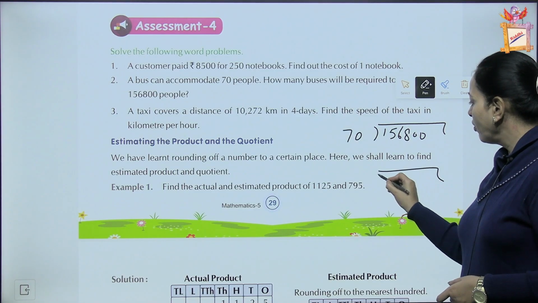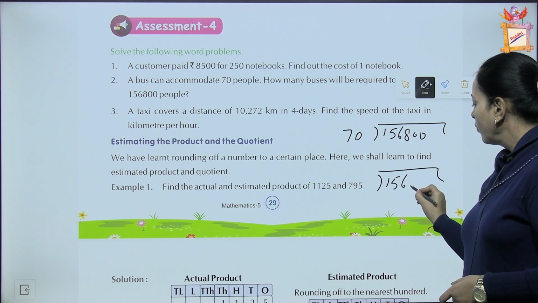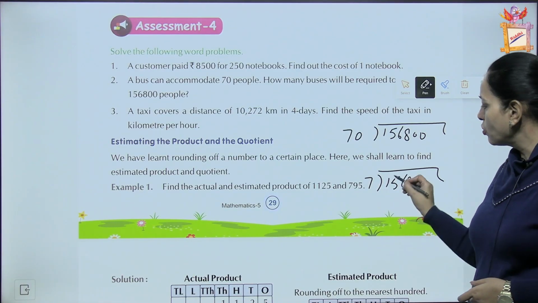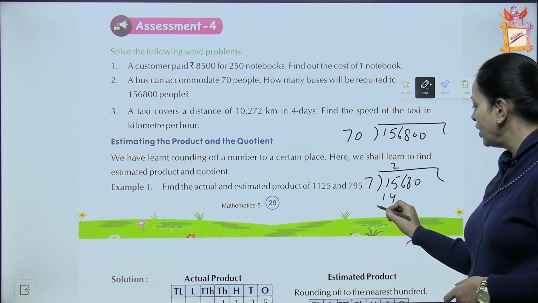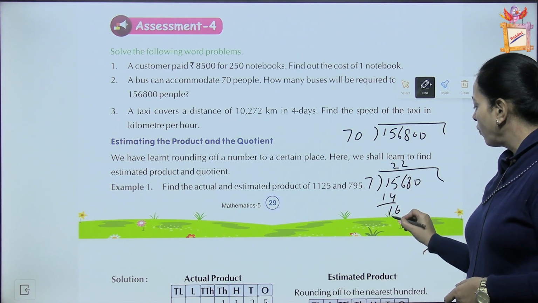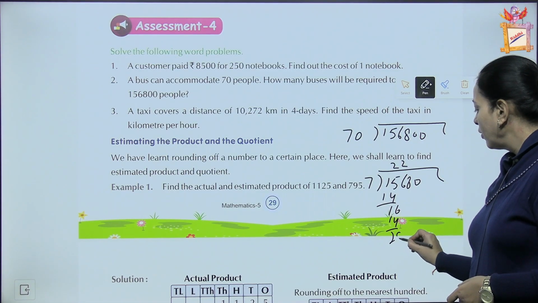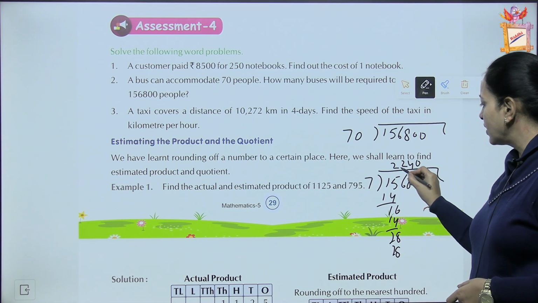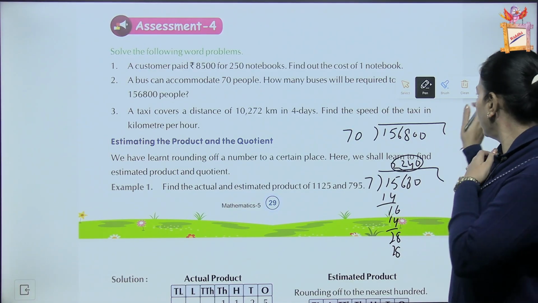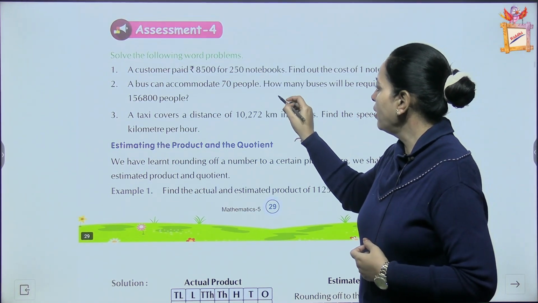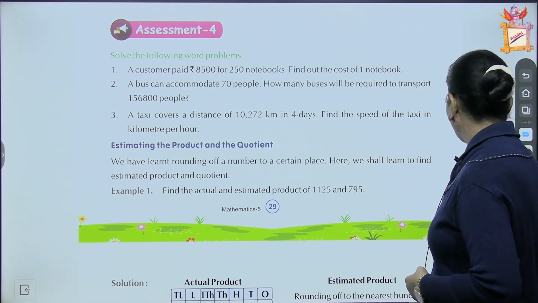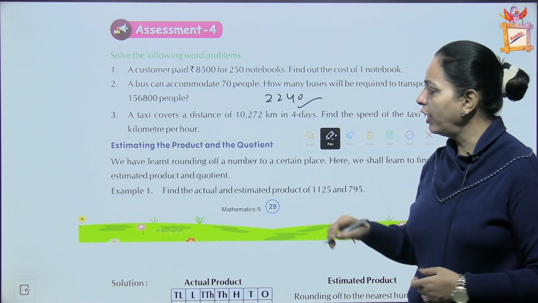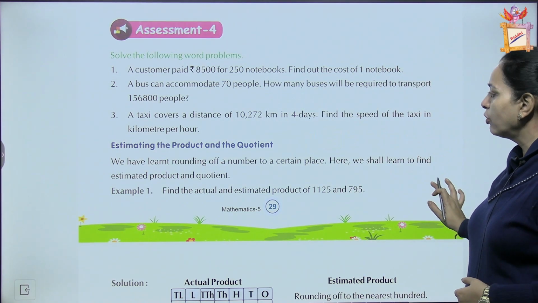So what is left? 7 here and 10 less. Now divide it. 7 2s are 14. 7 4s are 28 and this 0 as it is. So 2,240 buses will be required. Okay. Similarly, you can try the third question.